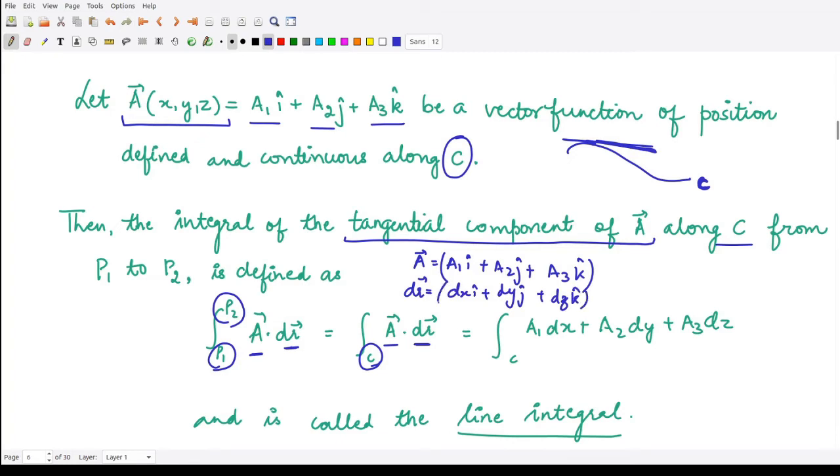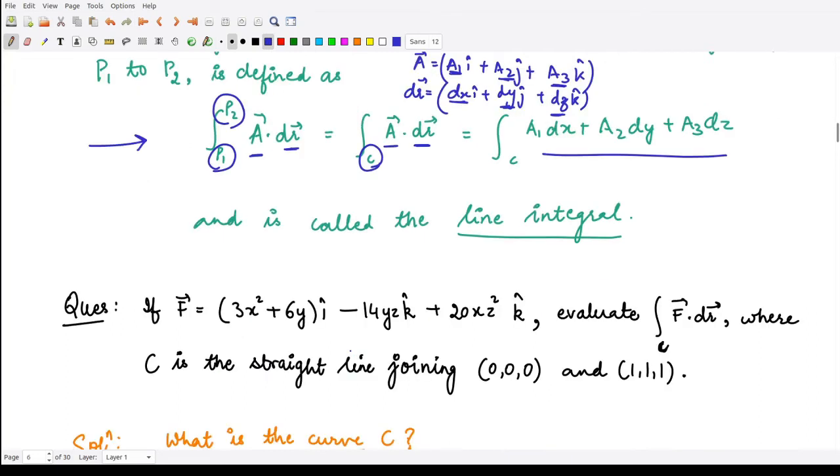When you take the dot product, you will obtain a1 dx plus a2 dy plus a3 dz. This is what you obtain, and we define the line integral by this quantity. In general, if you perform the integration with respect to any curve, you will obtain the line integral of that vector point function.